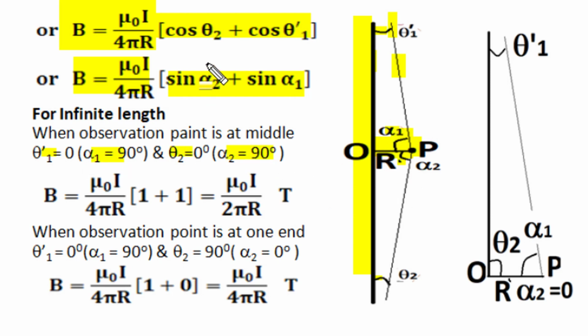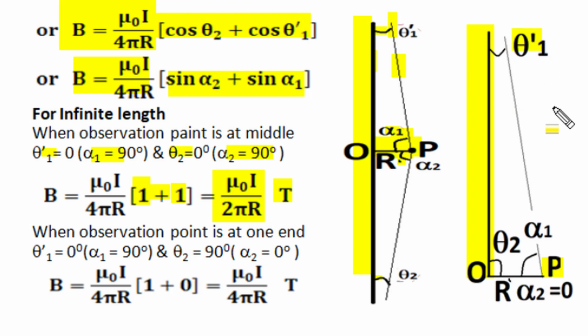In that case cos 0 plus cos 0 is 1 plus 1, summation 2, and similarly sin alpha 2 plus sin alpha 1 with alpha 1 and alpha 2 both 90 degree also becomes 1 plus 1, 2, and this 2 with 4 pi r when simplified gives us the result mu 0 I upon 2 pi r at this position in Tesla.